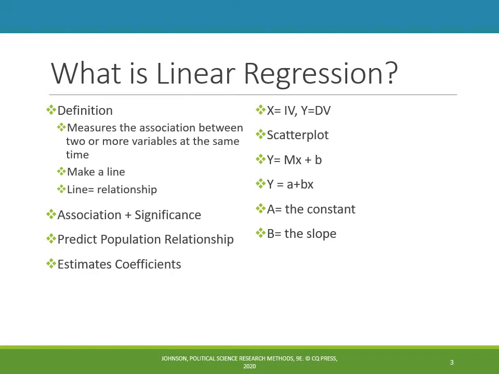What all linear regression does is generate a line, and it talks about the slope as well, and where that slope rests is how we determine our predictions for values that we don't have. So we have the y equals mx plus b, which you're used to, but within linear regression, it will be y equals a plus bx. And a is the constant, and you guys are familiar with the constant.